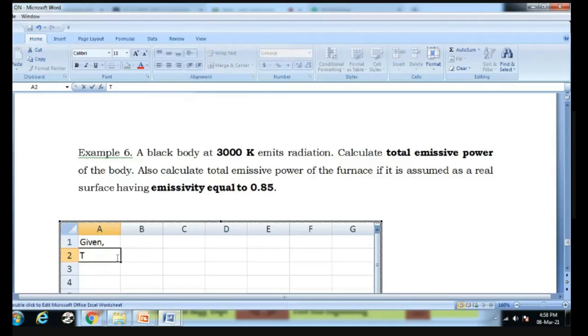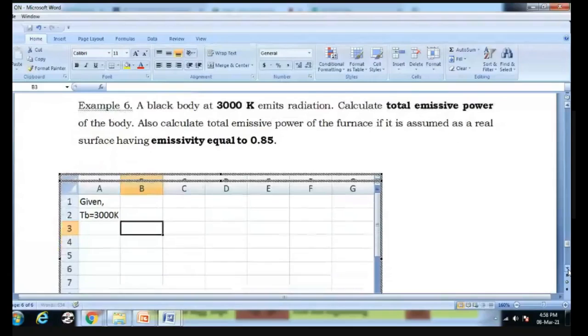So T absolute temperature is equal to 3000 Kelvin. Okay, 3000 Kelvin.